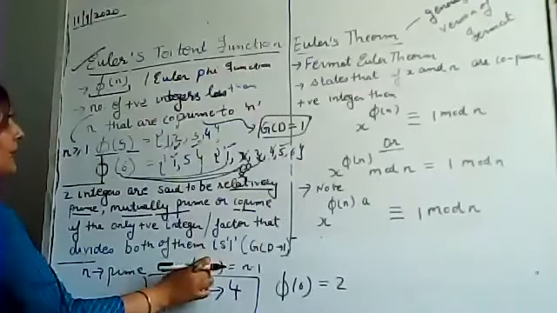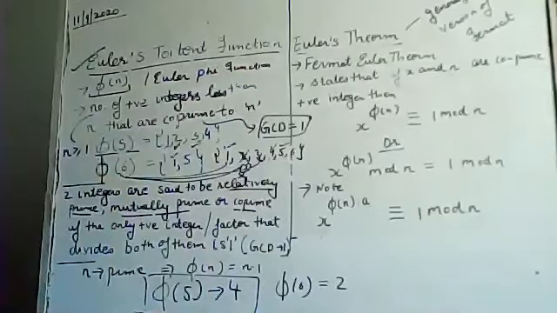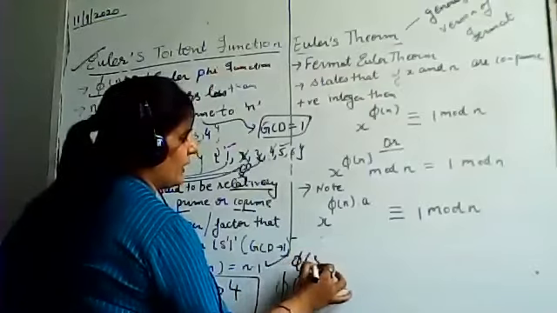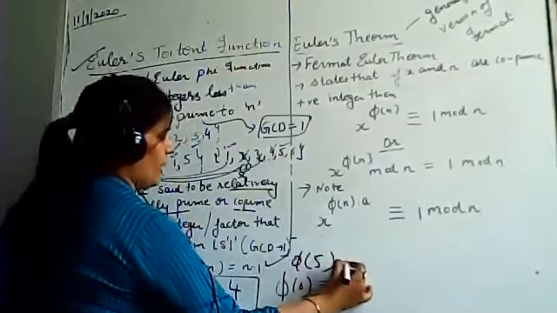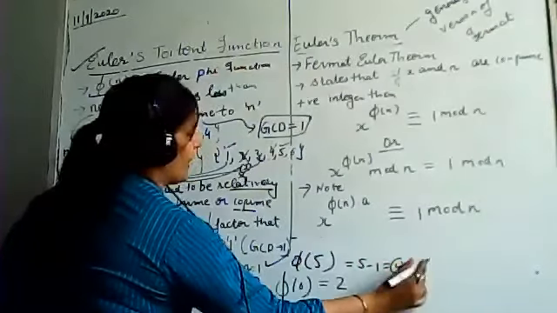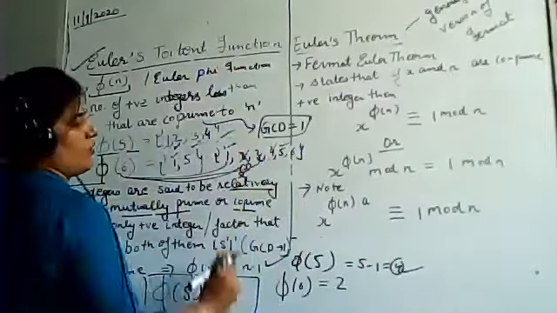So in my case, let's suppose this 5 is a prime number. If we use this method, I can directly calculate 5 minus 1, that is 4. So again we are getting this 4 here also.